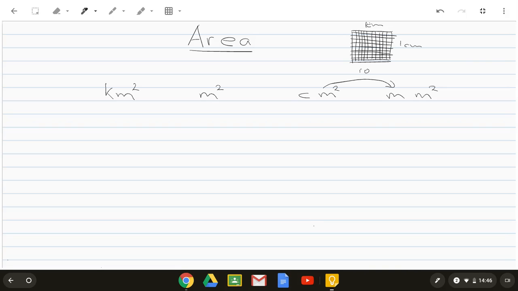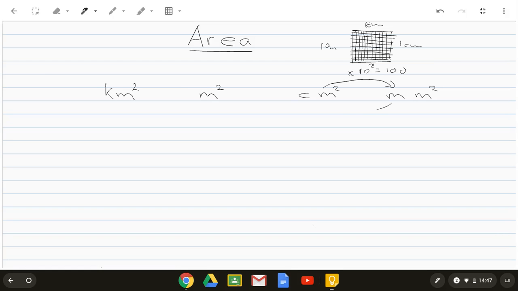So in fact, because each side is now, instead of 1 centimeter by 1 centimeter, it's now 10 millimeters by 10 millimeters, that means that instead of multiplying by 10, we're actually multiplying by 10 squared, and we know that is 100. So 1 centimeter squared is equal to 100 millimeters squared.